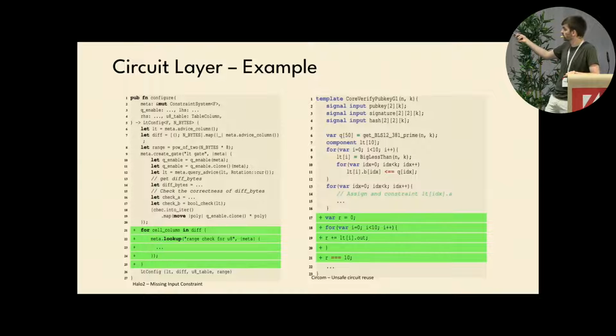What they wanted to check is that the field elements, since they're not using native field arithmetic, are less than the prime of the BLS12. To do that, they used the BigLessThan circuit component. Although they used it correctly, in the end you still have to check that the result of BigLessThan is 1 to make sure your inputs were not larger than the field. They didn't have that check, and that could lead to a completely broken signature verification.